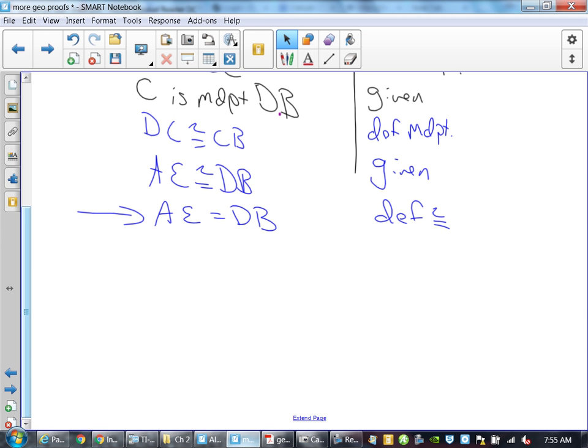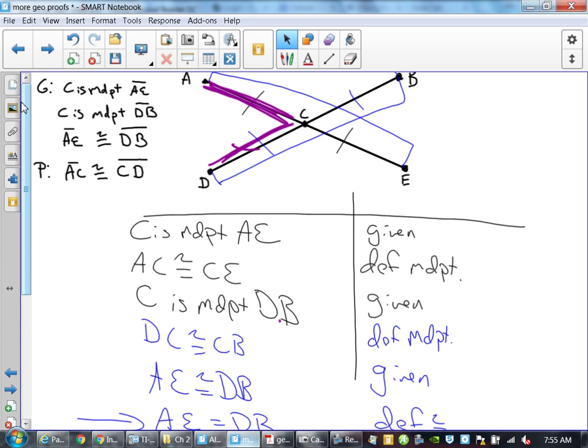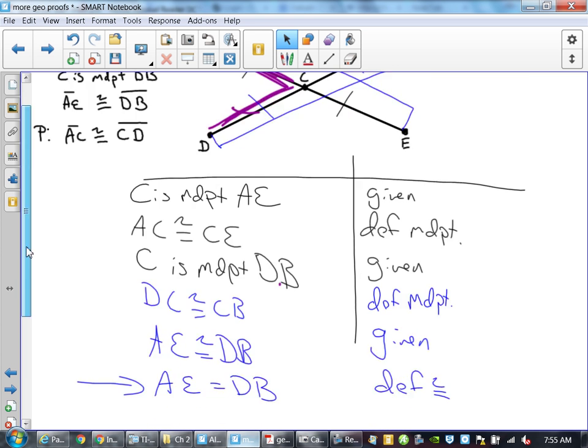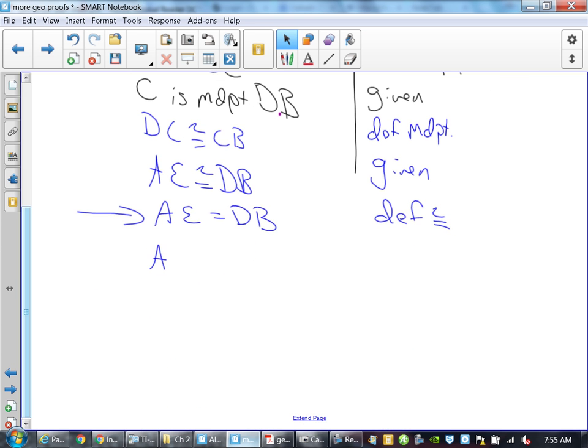By using angle addition. So we know that AE was made up of what two segments? AC and CE. So I can write AE.